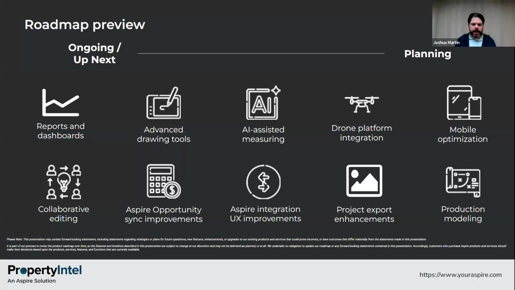We'll be handling that, so you can reorder things and have them reflected back over in Aspire and keep the sync. Then also your Aspire templates. If you start with a template in Aspire, you'll be able to create an estimate, an opportunity within Property Intel, pre-populating items, groups and services within it.